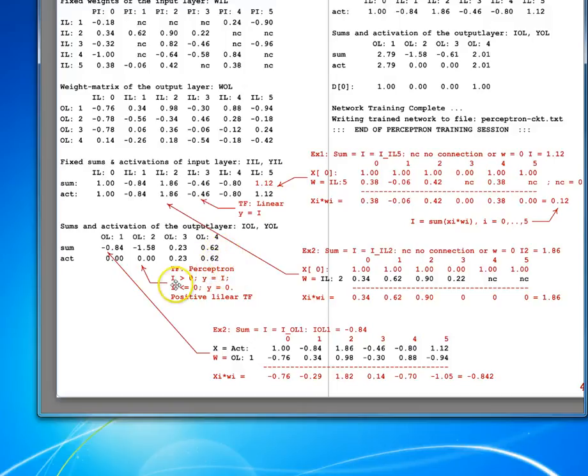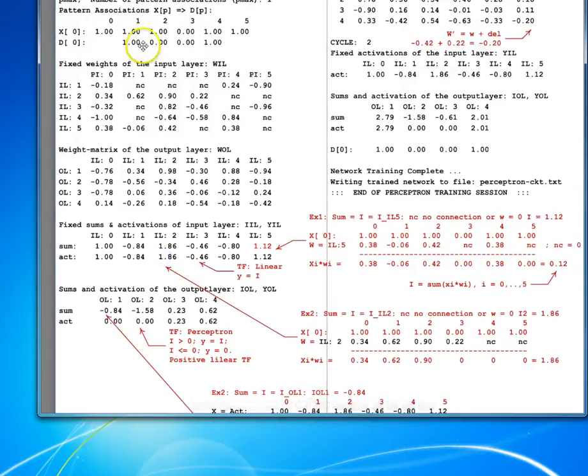Now once you compute this value of y, we know what our desired value was. We need to get 1001, whereas what we got is 0011, and none of them are matching, and therefore this network needs to be trained.